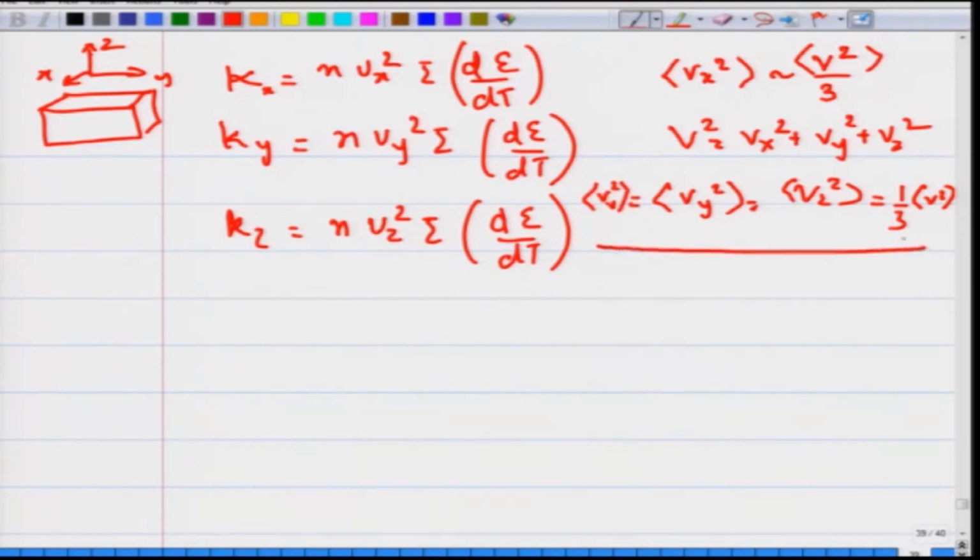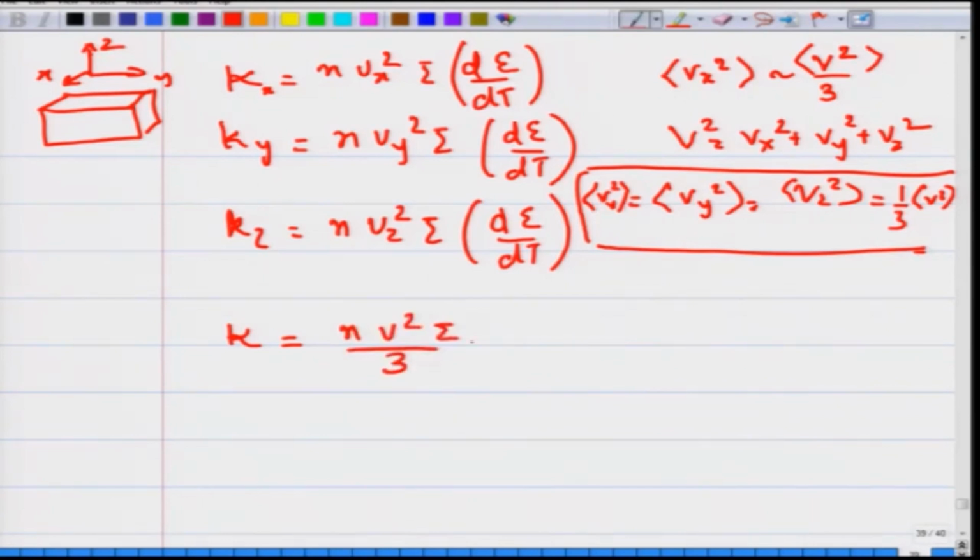So, this is a well known thing that you do in the kinetic theory of gases, and so you can put that in here and you get the thermal conductivity of the material as n V square tau by 3 dE by dT, which is again the specific heat. So, it is 1/3 n V square tau times the specific heat.